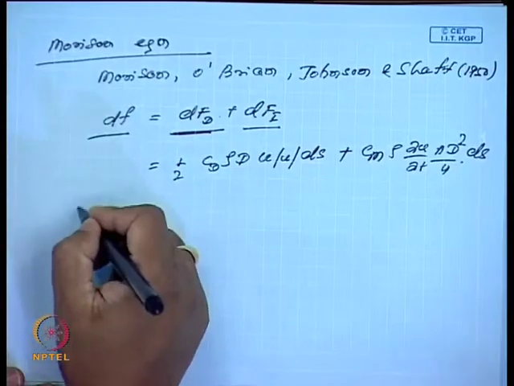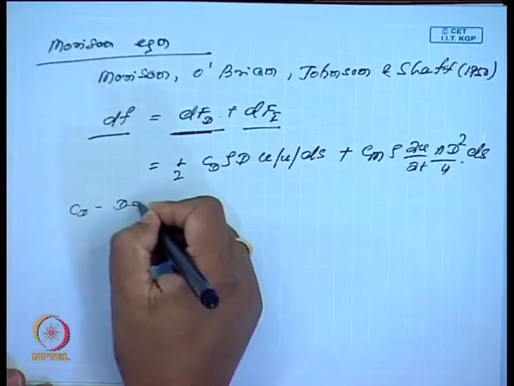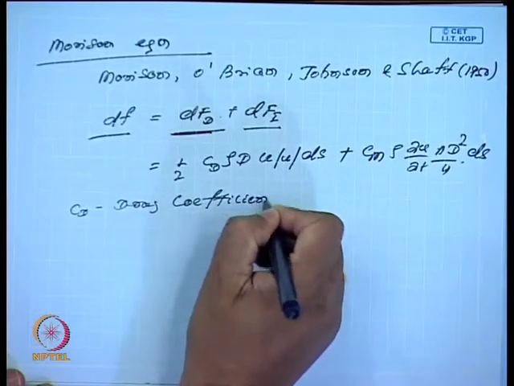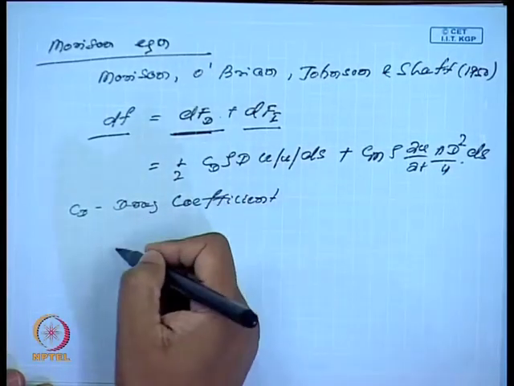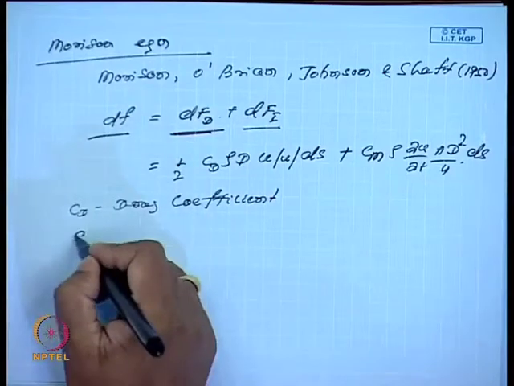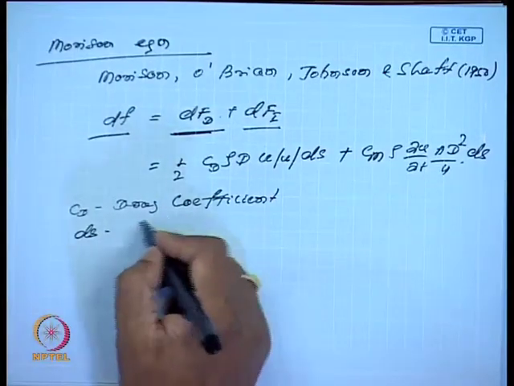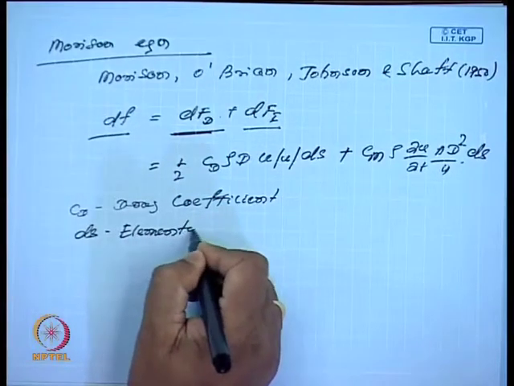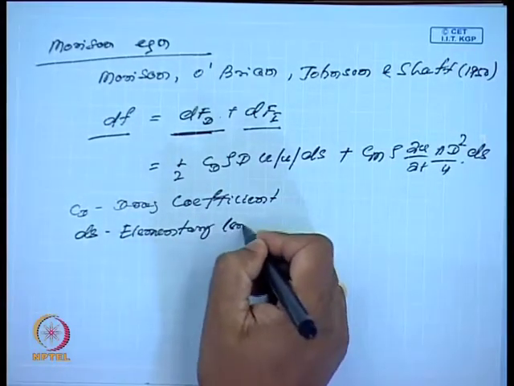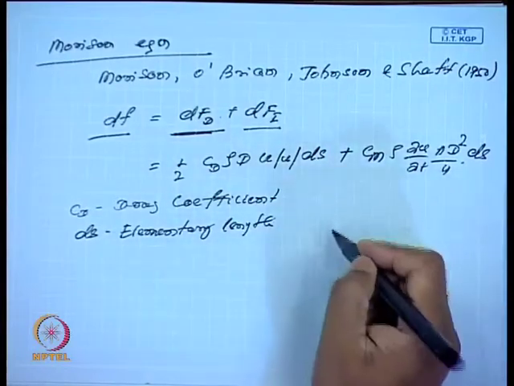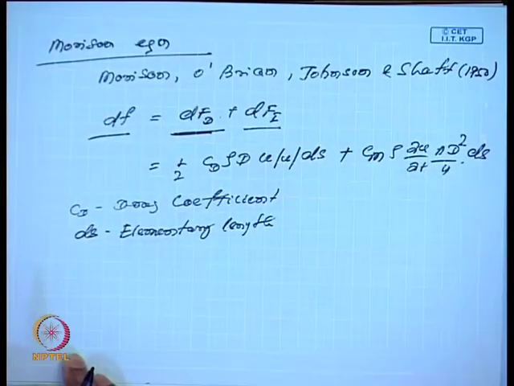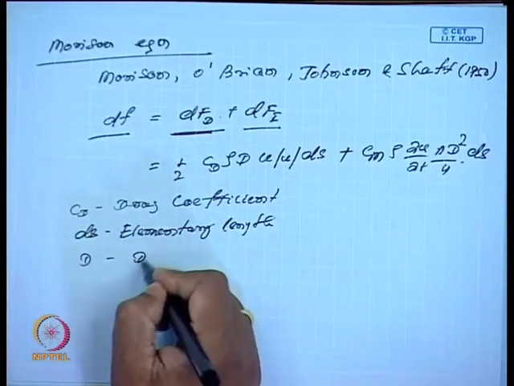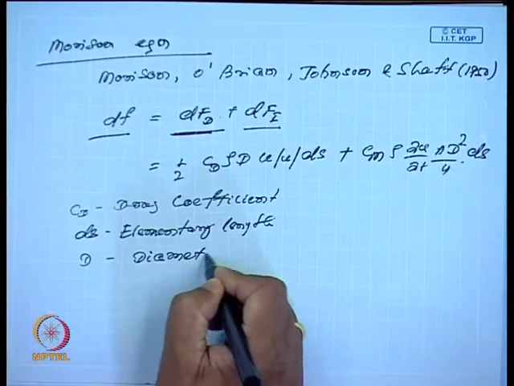CD is the drag coefficient, Cm is the inertia coefficient, and ds is the elementary length of the cylinder for which the elementary force is calculated. Basically, we apply this to cylinders, where d is the diameter of the cylinder.